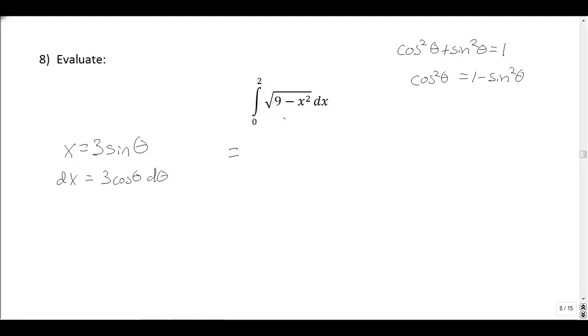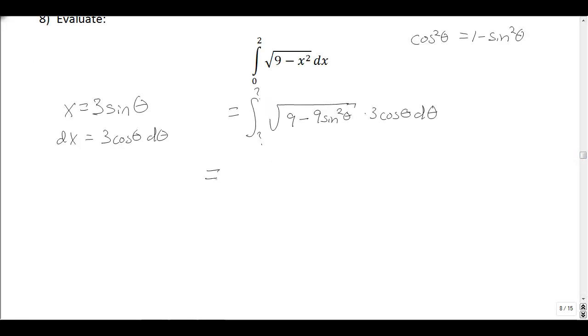So when I do my substitution, I'm going to just leave the bounds here, 0 and 2. I'm going to deal with those later. I'm going to get square root of 9, x squared is going to be 9 sine squared theta, and then dx is 3 cos theta d theta.